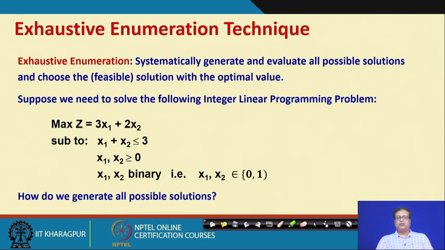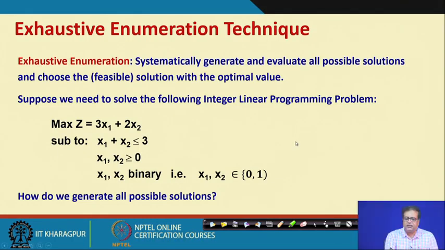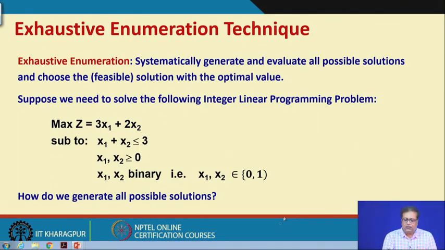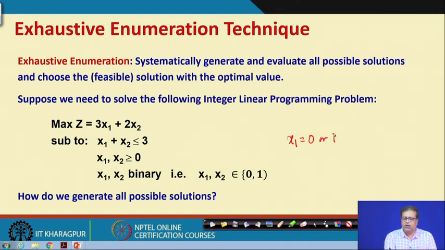What are all the possible solutions? Can you think and tell? It is a very simple problem, x1 and x2 are binary. Just think over that, since it is all binary. x1 could be 0 or 1, x2 also could be 0 or 1.